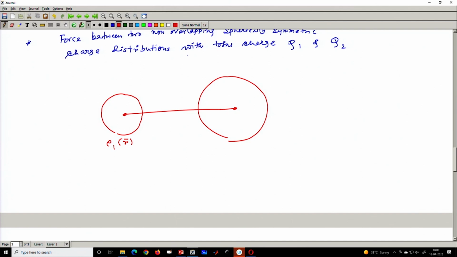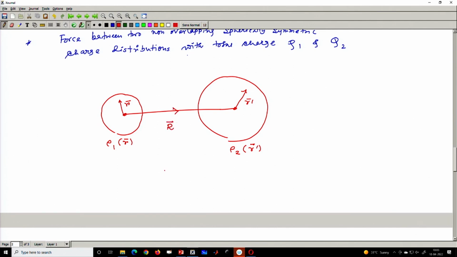From here to here, whenever you have some r value, you will have a charge distribution rho 1 that is defined. In a similar way I have a charge distribution here which I call rho 2, and from here to here the coordinate is r prime. At r prime I have a distribution, and this is a function of r, not constant. Suppose the distance between these two is r.